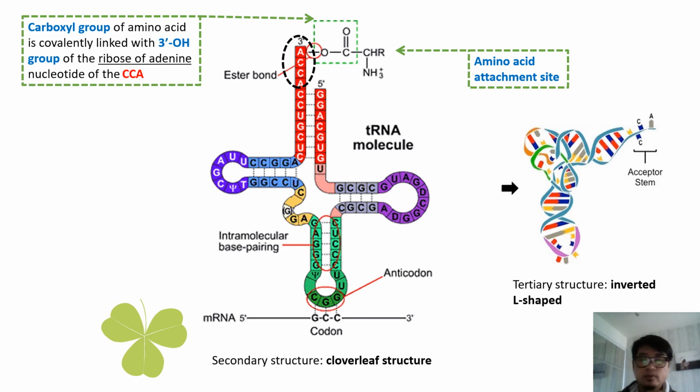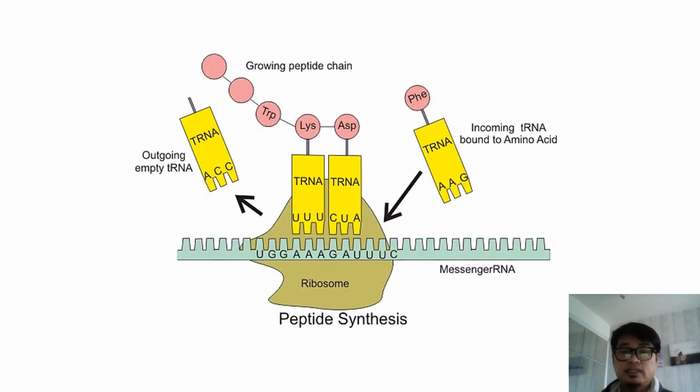And this is peptide synthesis, where as you can see there is an mRNA in the middle of the ribosome. So they need a ribosome as a place for the tRNA to carry the amino acid and bind to the mRNA, and then it will be translated into the protein.